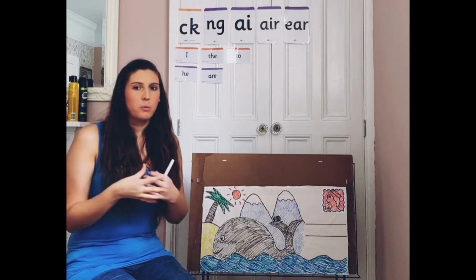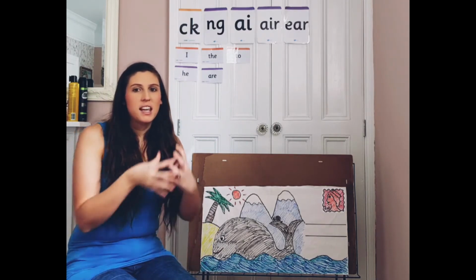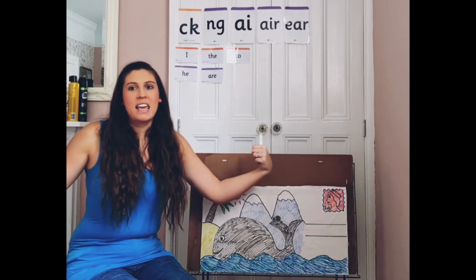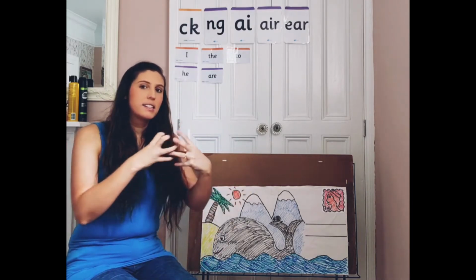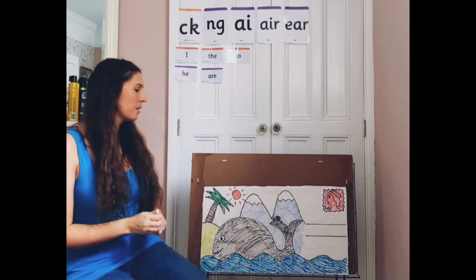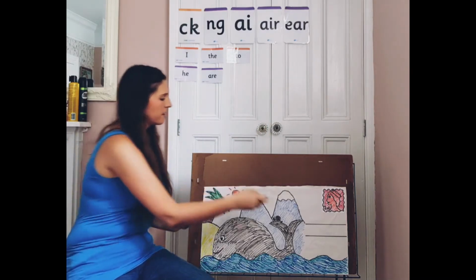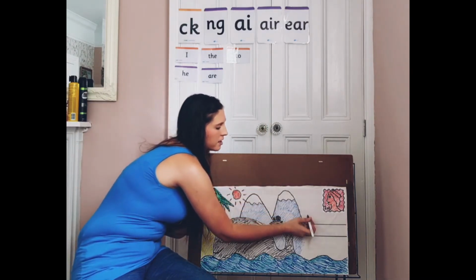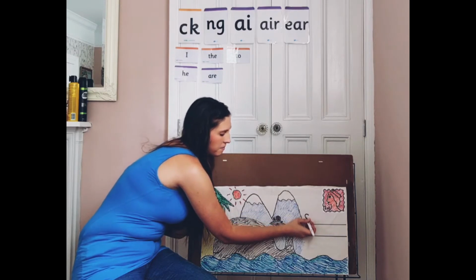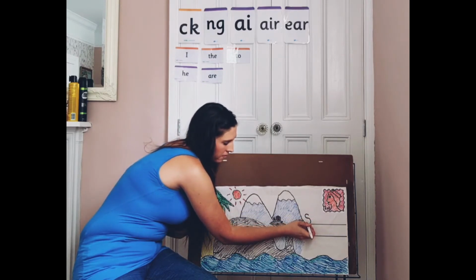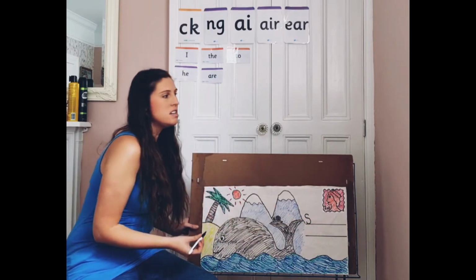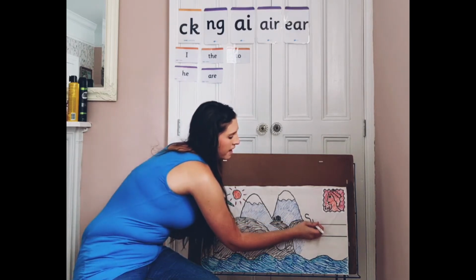Let's stretch out that word because it's got quite a lot of sounds in. Snail. And again, snail. Okay, so my first sound is S for snail. Sn, it's a next.